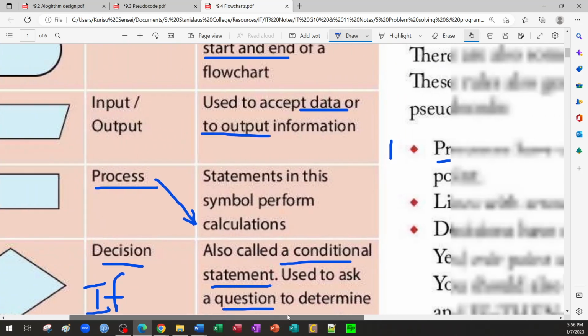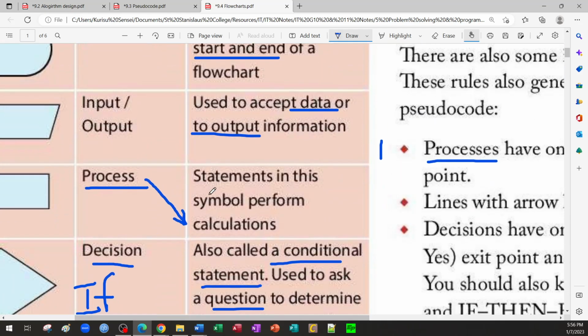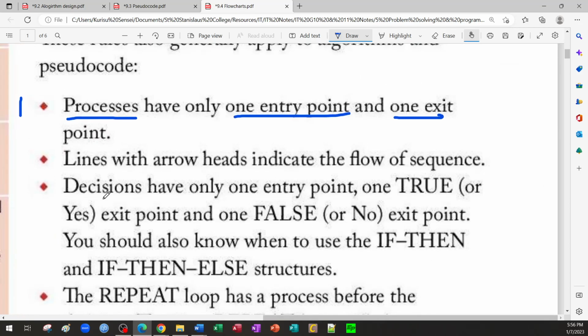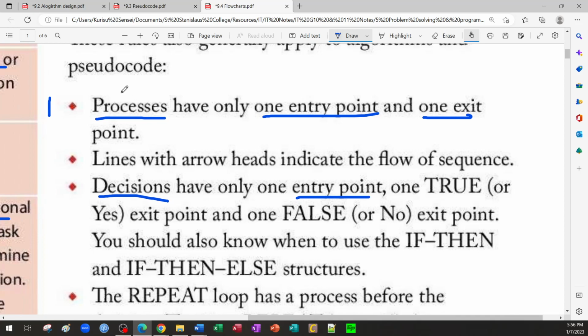I think that was mentioned here. The decision, it says here that it has one line in, more than one line out. That's what they're talking about there. So decision, one entry point, but we're going to come to that just now. So let's first look at the process. The first rule: the process has one entry point and one exit point.